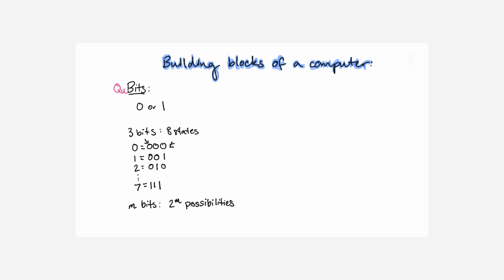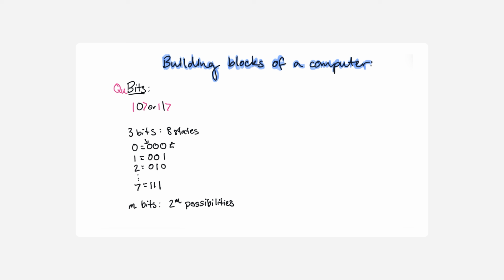Just as bits are the fundamental units of classical information, qubits are the fundamental units of quantum information. Like a classical bit, a qubit can be measured as either a 0 or a 1. In quantum mechanics, we usually write these states like this, where these brackets are called Dirac notation. And it's just there to denote that we're dealing with quantum states.